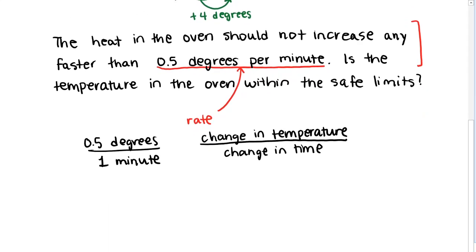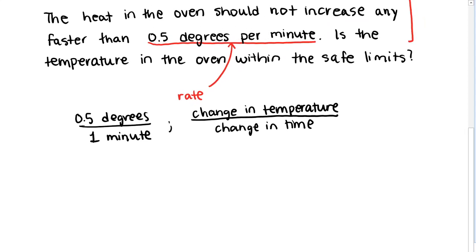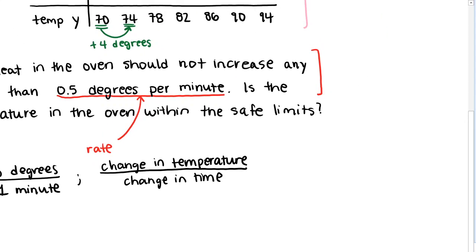If we look back at the change in temperature and compare it to its change in time, what we get here is a 4-degree increase. Maybe I'll do this with colors. So 4 degrees. There's an increase in the temperature by 4 degrees within this 10-minute interval.